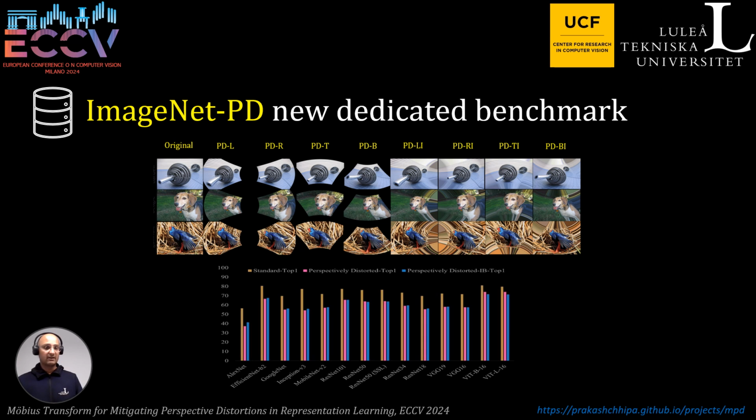When we investigated existing models from different CNN and transformer architectures, you could see the pattern that all the models are not so robust against this new benchmark, which shows how perspective distortion challenges the representation learning capability of existing models.